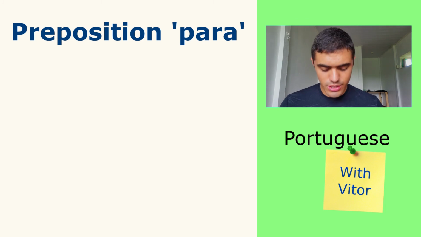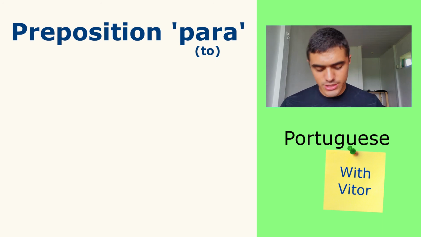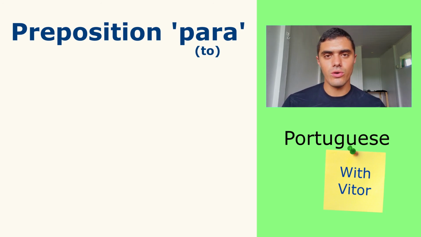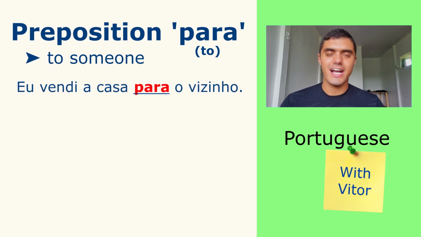We are going to see the preposition para. It means to. It has 3 uses. To talk about you give something to someone, or talk about direction, and talking about an objective, a goal. For example, we have eu vendi a casa para o vizinho.